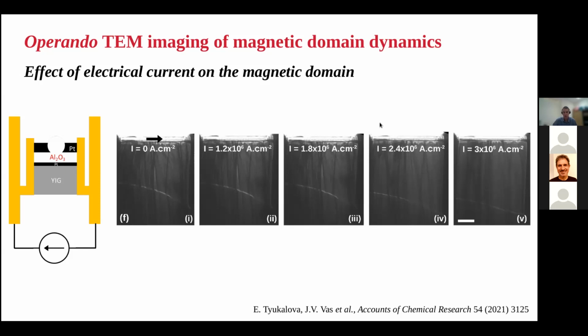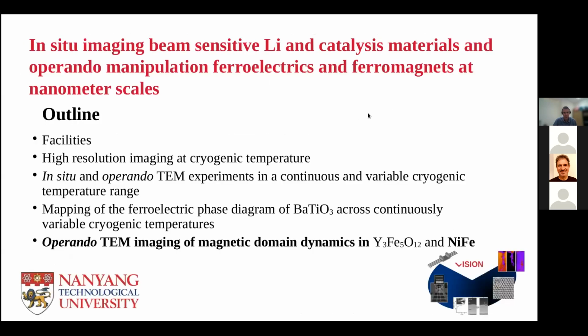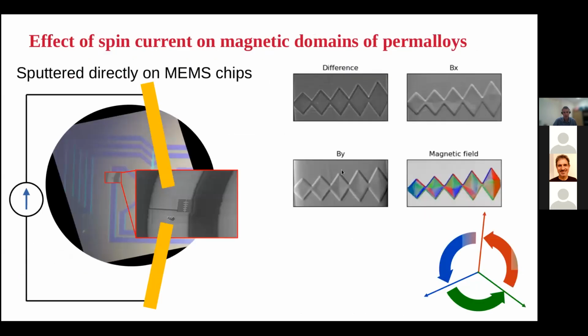And now we have moved this technique forward, and we try to better control the propagation of the magnetic configuration. So we are studying that on nickel, on a permalloy sample. We start with our MEMS chips, we pattern the MEMS chips, and we made this diamond structure.